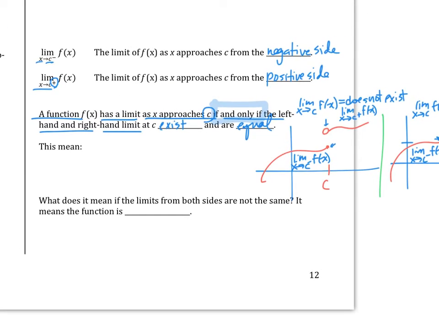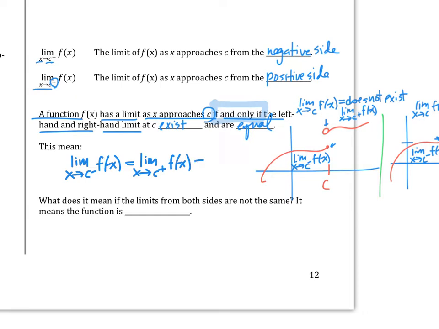All right, so to prove that a limit exists, you have to say that the limit as x goes to c from the negative side of f of x is equal to the limit as x goes to c from the positive side of f of x.